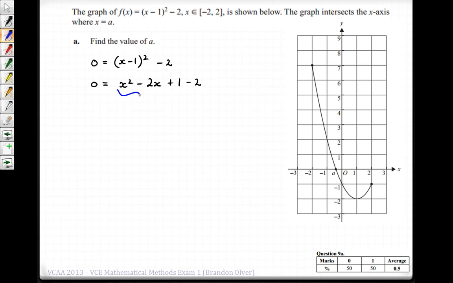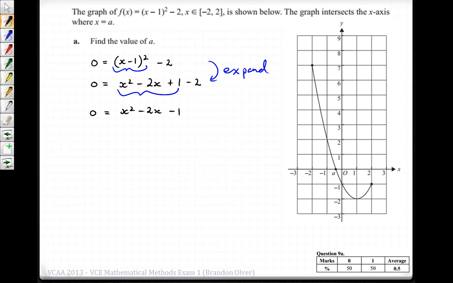Those three terms are just the expansion of that. Then we can collect up terms. So we have 0 equals x squared minus 2x minus 1, since plus 1 minus 2 gives me minus 1.